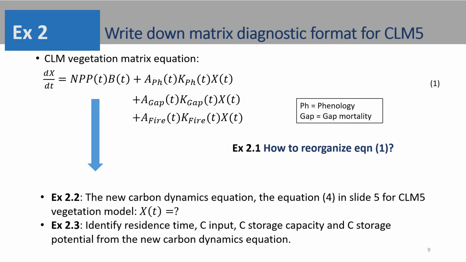Can we find an intermediate term and write down the new carbon dynamic equation, the equation 4 in the 5th slide? Then you are required to identify the carbon storage capacity, carbon storage potential, carbon residence time, and carbon input from the new equation. Please pause the video before you go to the next slide to see the answer.